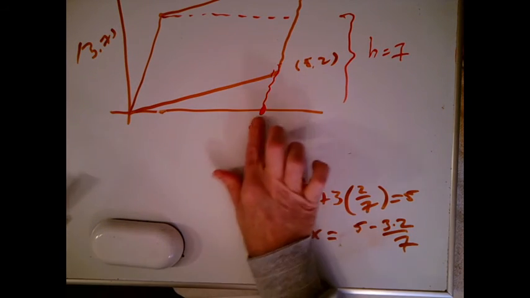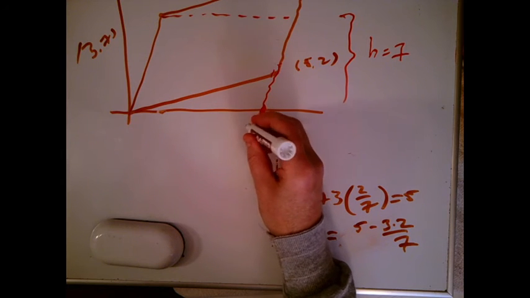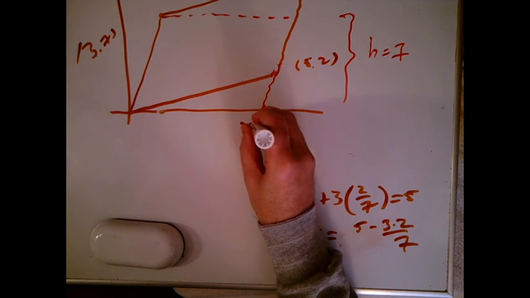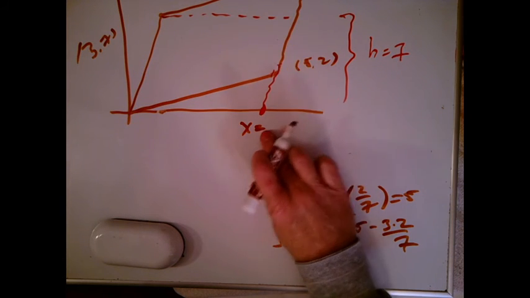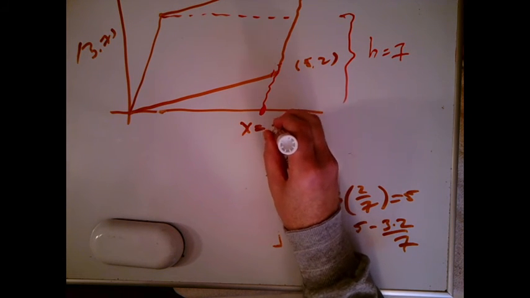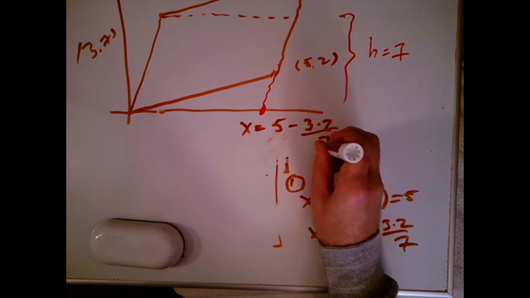We just found that this x value right here is the length of the base, which is 5 minus 3 times 2 over 7.